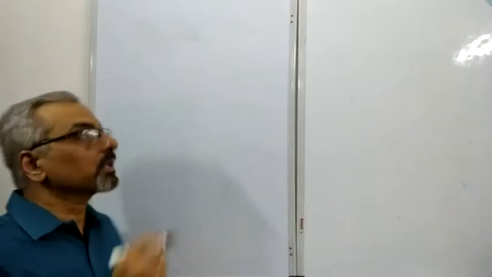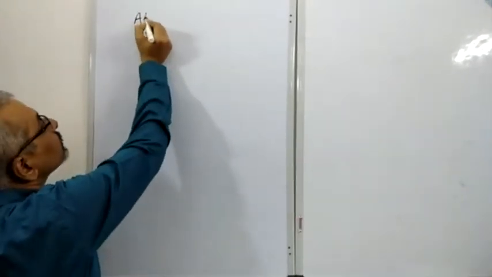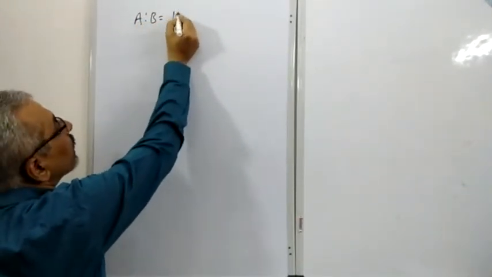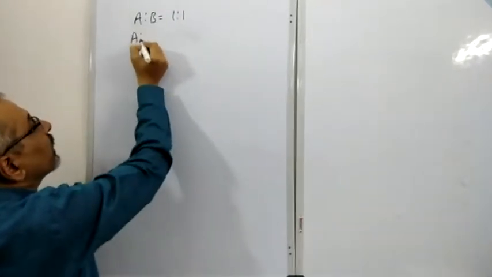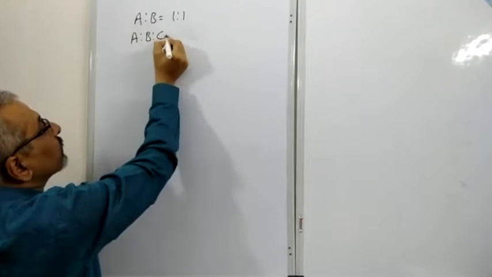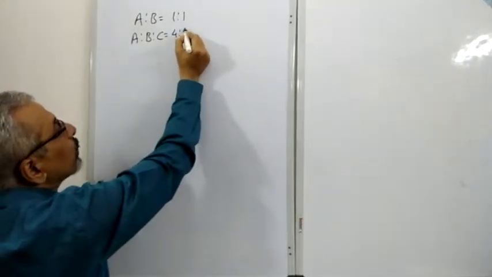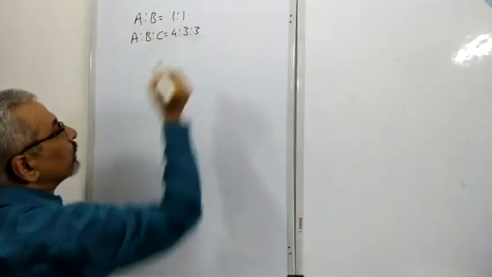After reading the question, we have come to know that initially there were two partners, A and B, and they were equal partners with a PSR of 1:1. Now they have taken a new partner, A, B and C, and the profit sharing ratio has become 4:3:3.